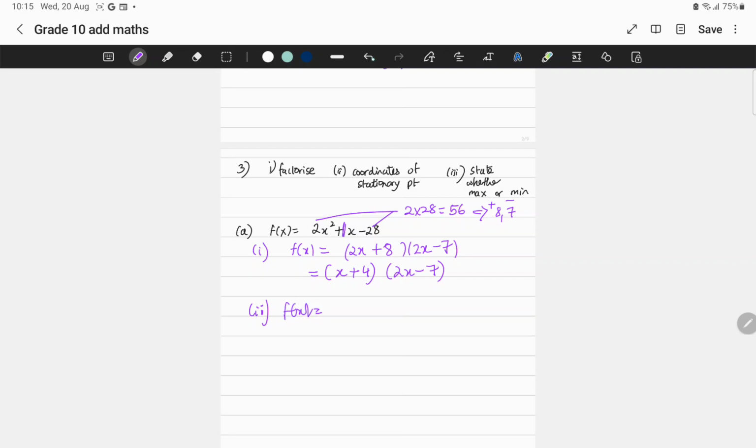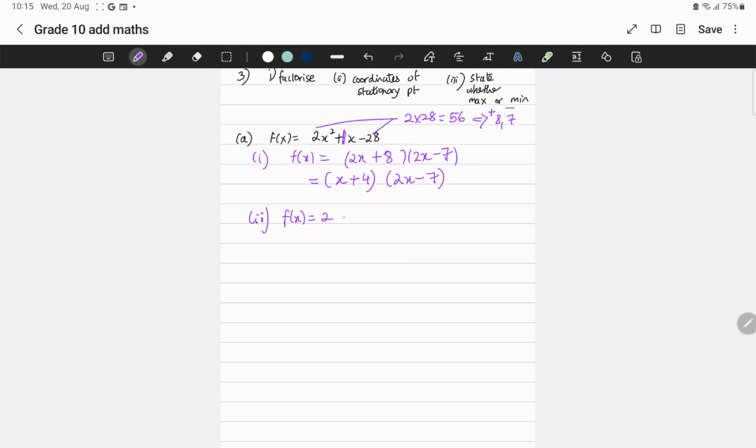Second part, coordinates of the stationary point, we have to complete the square. f(x) equal to, I remove 2 outside, x squared, plus, since I remove 2 outside, I divide by 2, so half x, plus minus 28 stays at the end. So it will be 2, big bracket, now I complete the square, x plus, I divide by 2 for the first one, so it becomes 1/4 squared, minus 1/4 squared, minus 28.